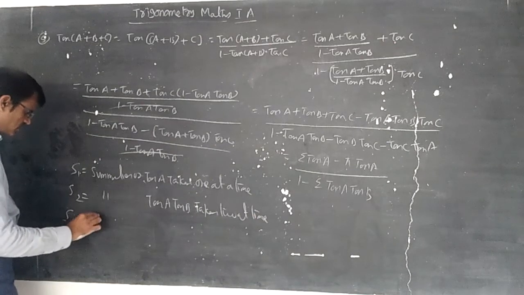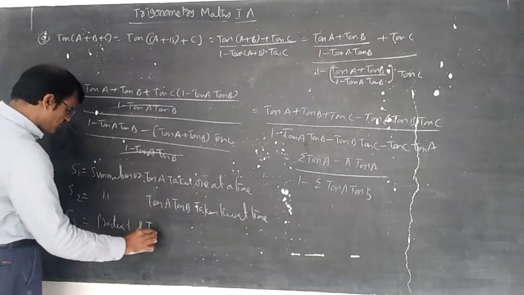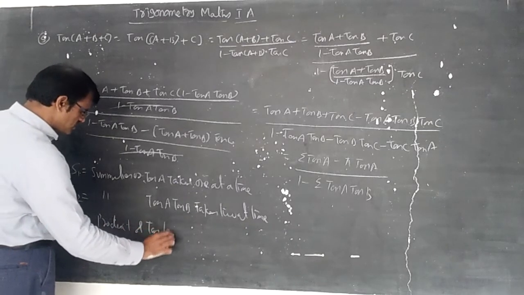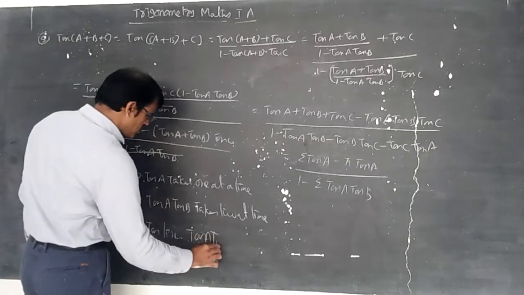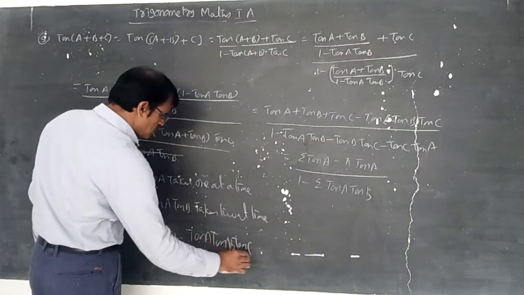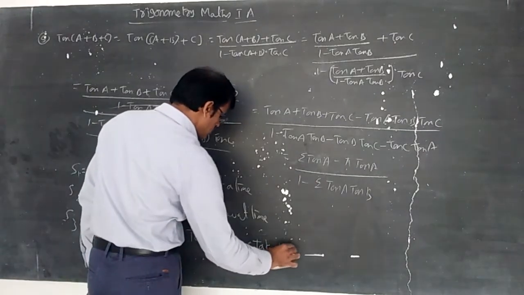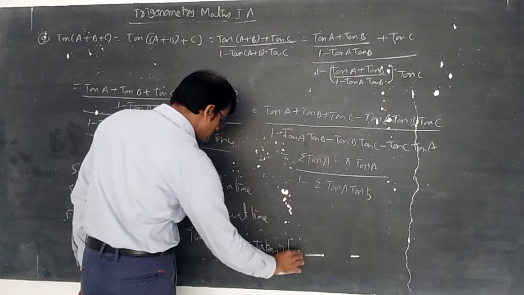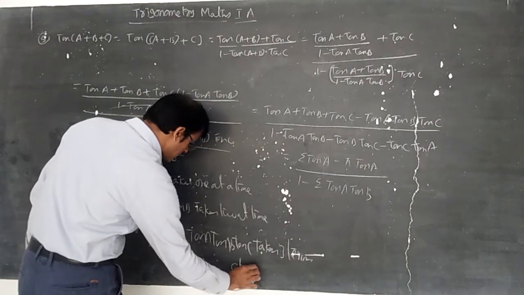S3 means product, not summation, product of tan terms, that is tan A into tan B into tan C, taken 3 at a time, 3 tan terms at a time.